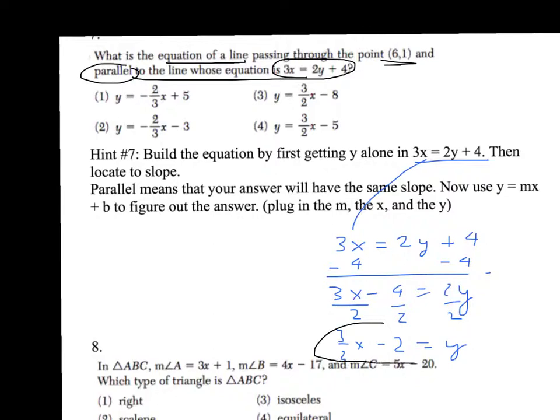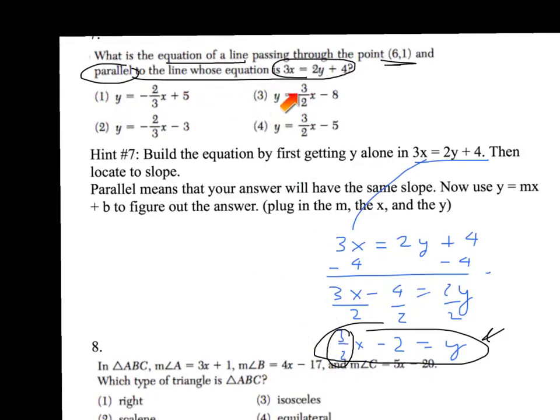So the equation they handed me is basically this equation right here now. And the slope of this equation is 3/2. If I'm looking for something that's parallel to this one, it also has to have the same slope.